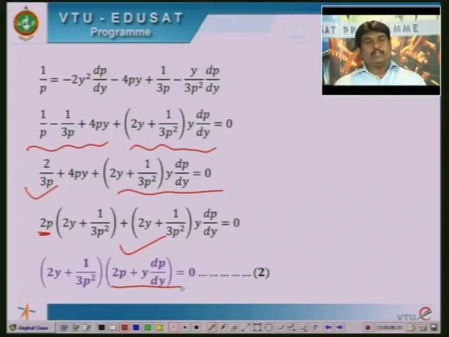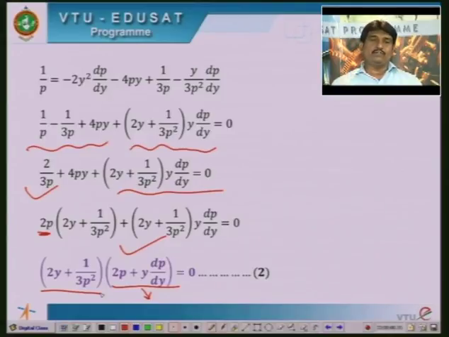Now, there are two factors. If you equate 2p + y dp/dy to 0 and solve, you will get the general solution. If you take the other factor, which does not involve any derivative, 2y + 1/3p², and equate it to 0 and solve, you will get p in terms of y directly.